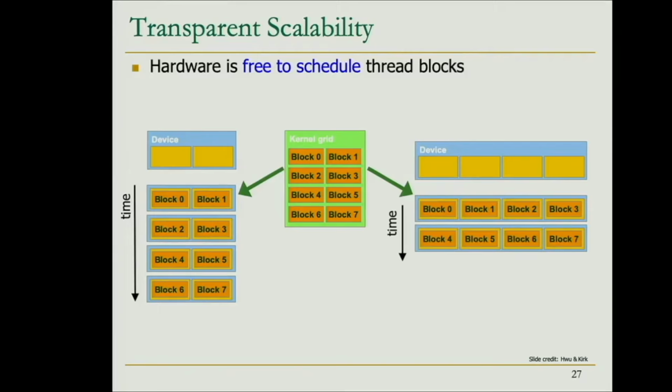We don't even have that certainty. We don't really know how they are scheduled. We cannot assume that block 0 is going to be scheduled before block 7. We cannot assume that, even though it's true that typical internal scheduling of thread blocks is round robin. But, and that's something that I also mentioned the other day at the end of the presentation, there is no guarantee that this is like that.